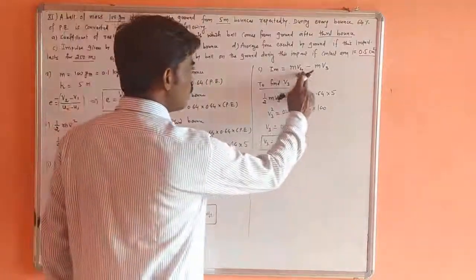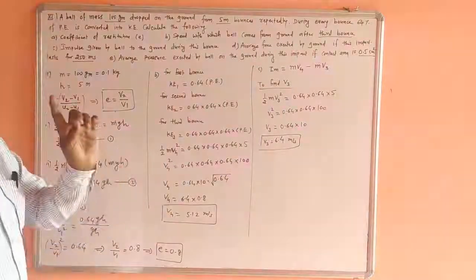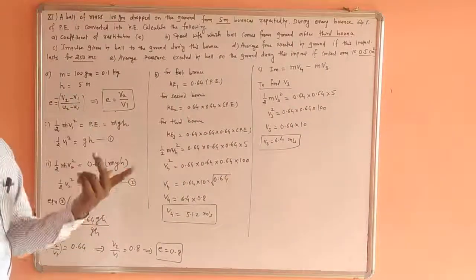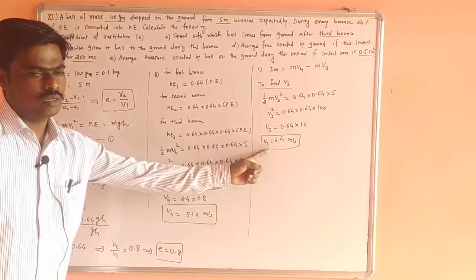So substitute these values here. But remember, while substituting, take one velocity opposite to the other. If we consider one plus, then the other is minus.